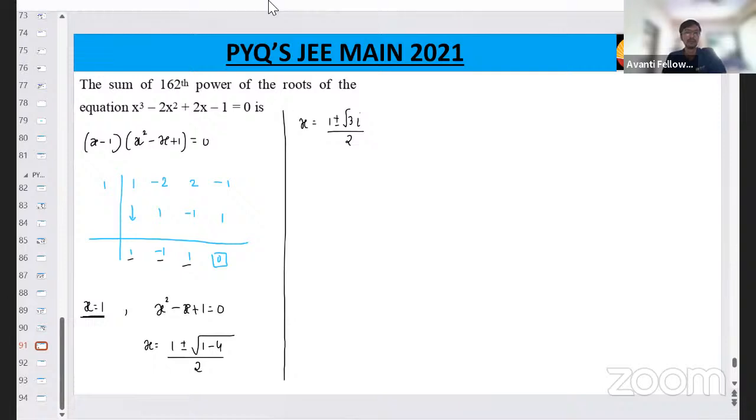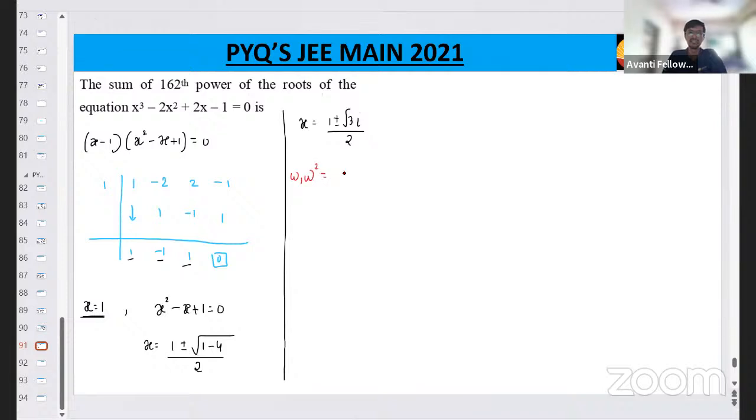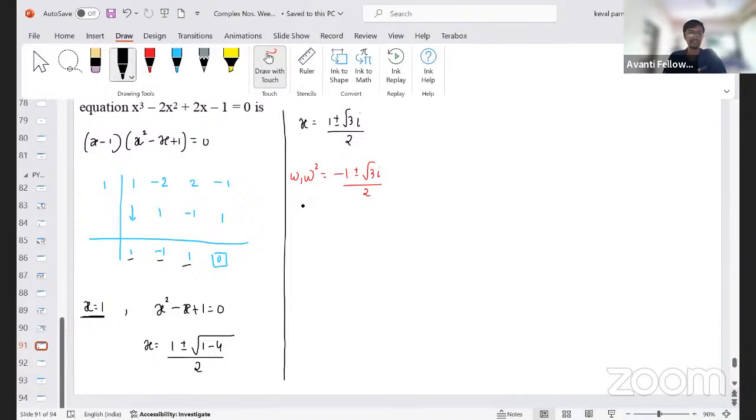So if you remember, omega and omega square, cube roots of unity, are minus 1 plus minus root 3i by 2. So what is the difference? The difference is of minus sign.